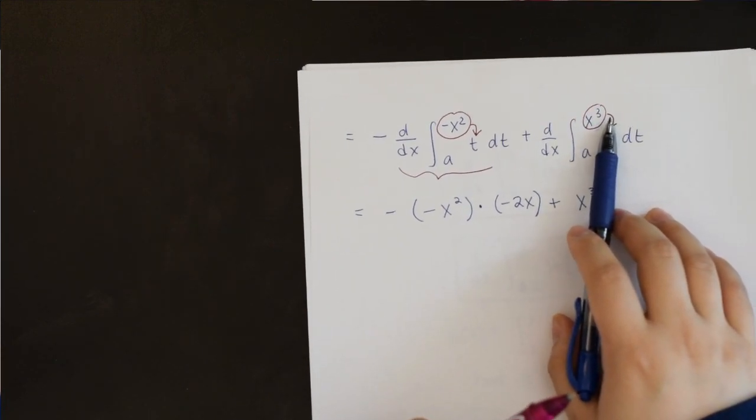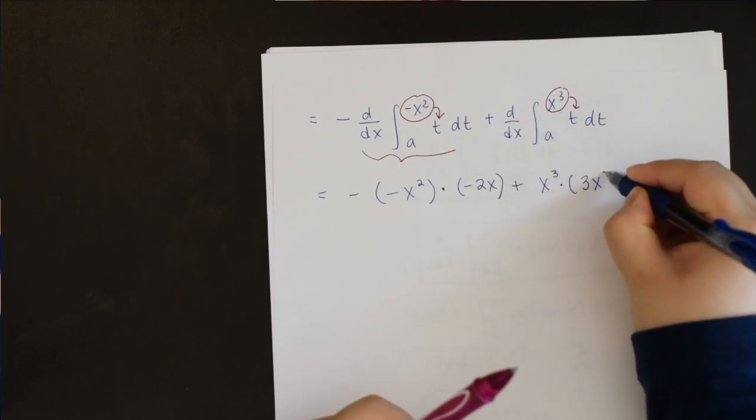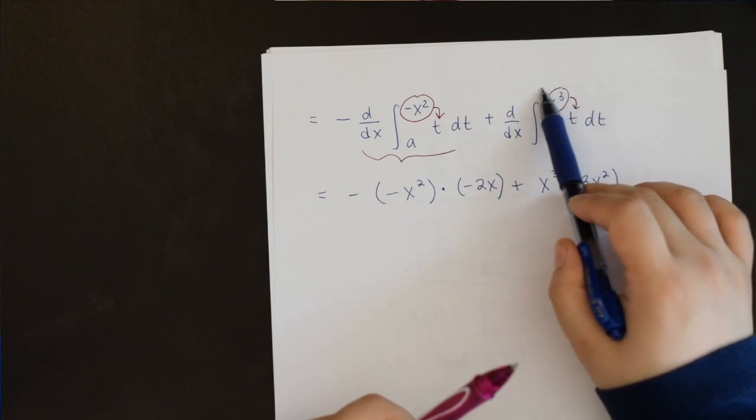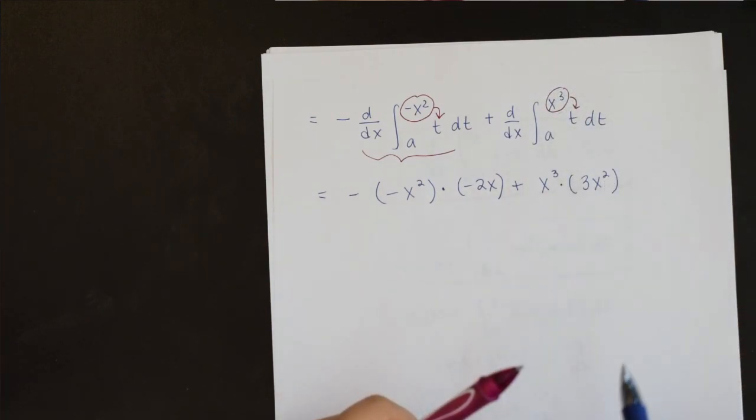The derivative of x cubed is 3x squared. We put the 3 in the front, keep the x, and then the 3 minus 1 is 2.